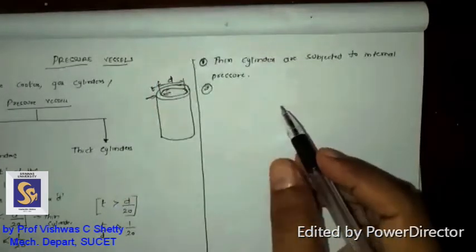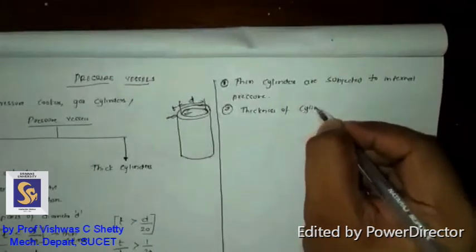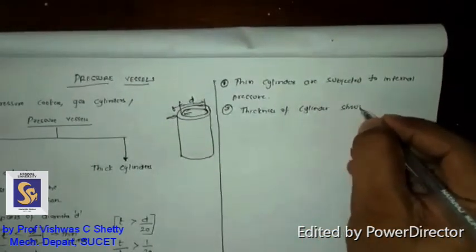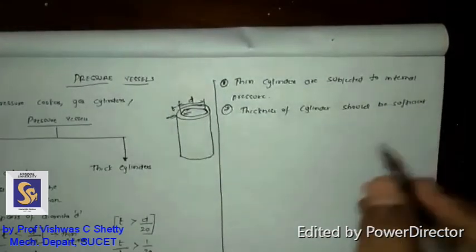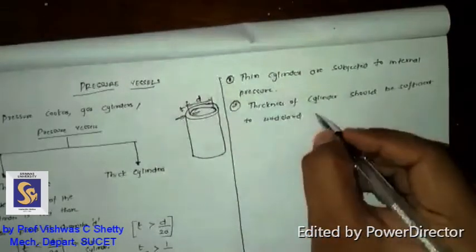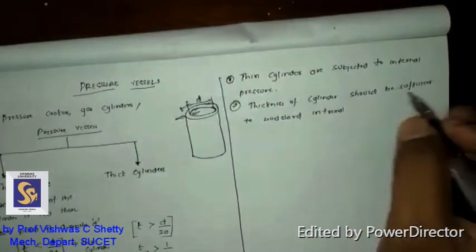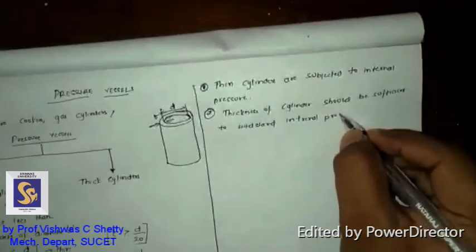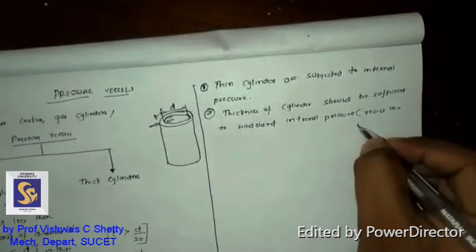So internal pressure. The thickness of the cylinder should be sufficient to withstand the internal pressure, or resist it, we call it.